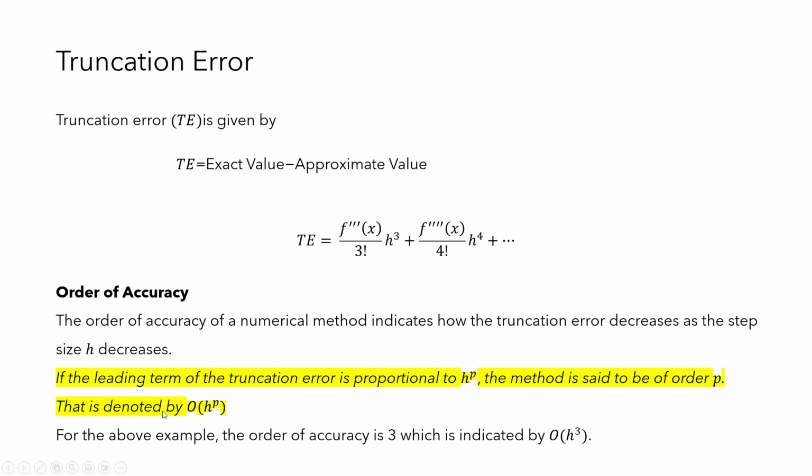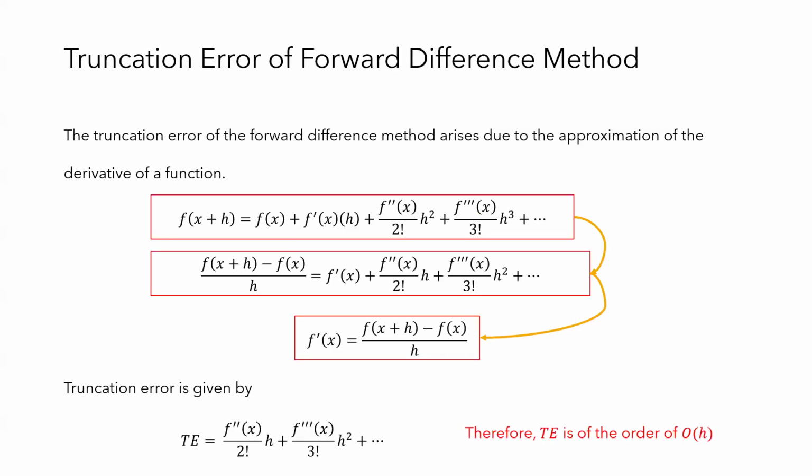Therefore, we say that this approximation has a truncation error of order 3, and it is denoted by O of h to the power 3. So that is the truncation error.